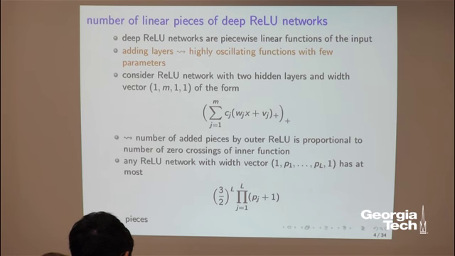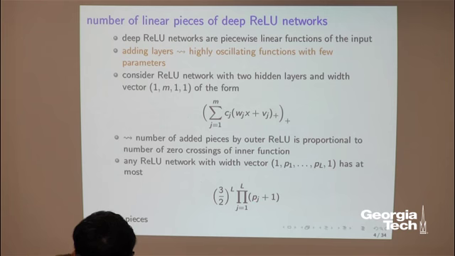The last bit I was talking about was that with additional layers in the ReLU network, you can build functions that consist of many linear pieces and that are parameterized with few network parameters. We had this upper bound saying that if you have such a ReLU network with vector 1, P1, ..., PL, 1, so just a univariate function, but the width in the hidden layers can be large, then there's an upper bound on how many linear pieces you can have.